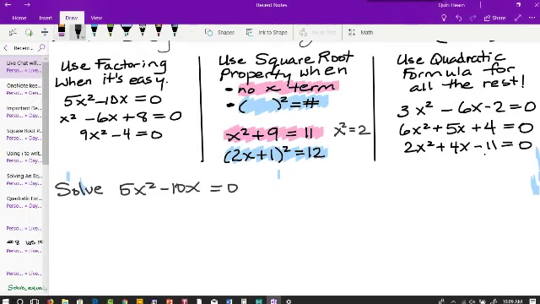In this case, I hope you can see that's a 5. Let me rewrite it here. We have 5x squared and 10x, and what they have in common is a 5x. So we can very easily factor out 5x, and then we're going to get x minus 2 left behind.